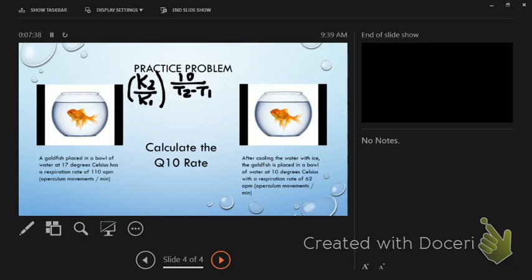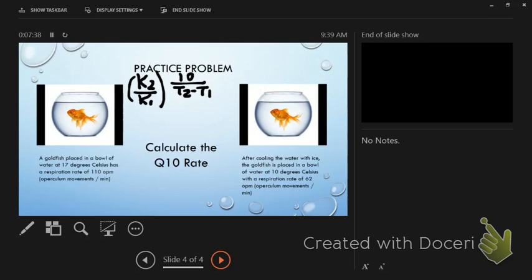Okay, so what is our K2? 110. Okay, so we've got 110 over 62. All right, and then our exponent is 10 over 17 minus 10.